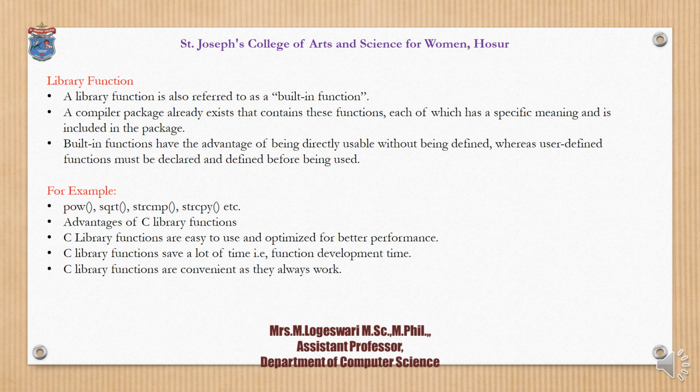For example, power, square root, string copy, string comparison are built-in functions. If you want to copy a string, you have to use the string copy function. If you want to use the square root operation in your program, you have to use the square root function. So these are the built-in functions.